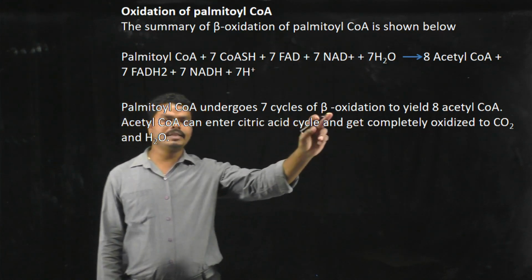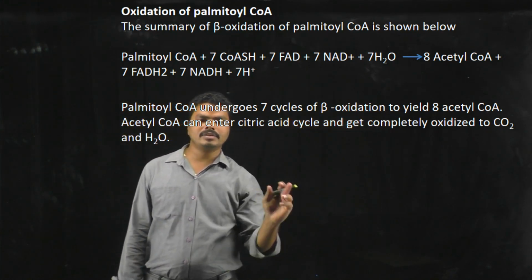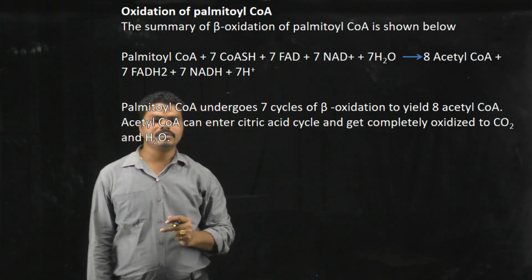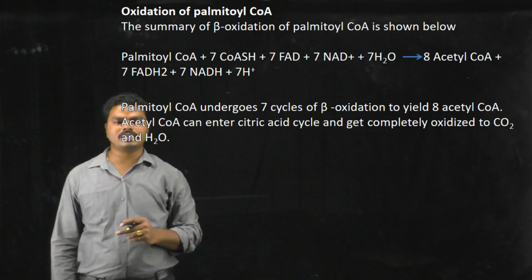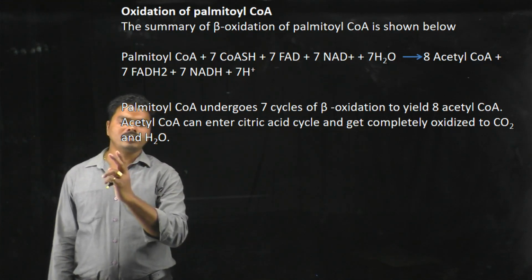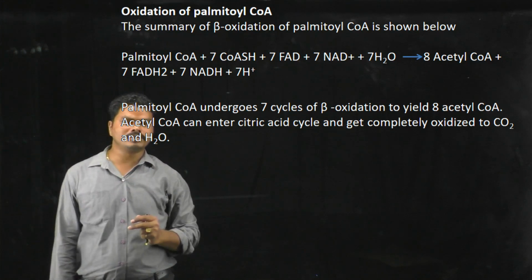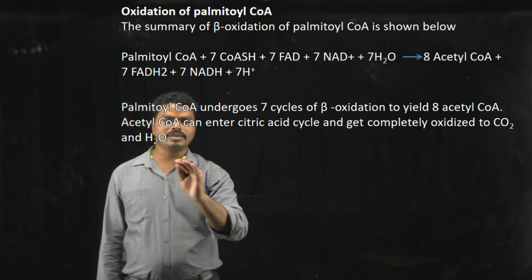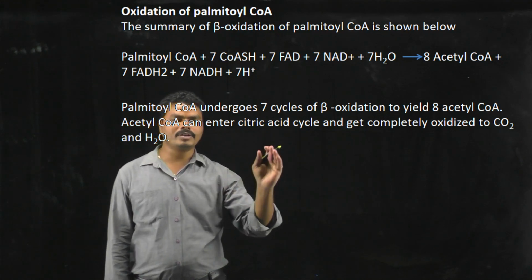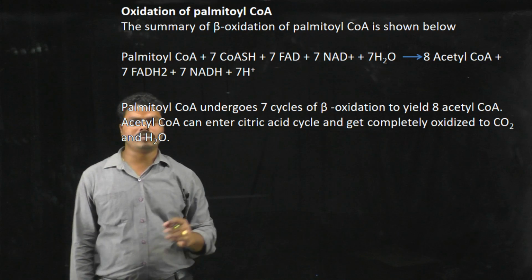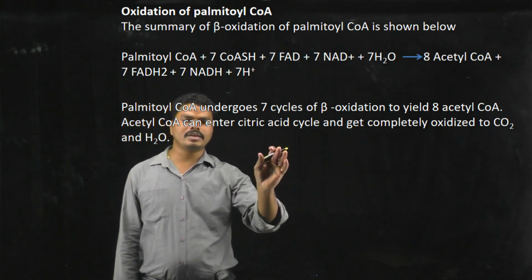And after yielding the 8 acetyl CoAs, each acetyl CoA can enter into the citric acid cycle. We already discussed the citric acid cycle. For each citric acid cycle, there is a requirement of 2 acetyl-CoAs. These 8 acetyl-CoAs undergo the citric acid cycle and get completely oxidized to carbon dioxide and water. So what is the end product of the citric acid cycle?